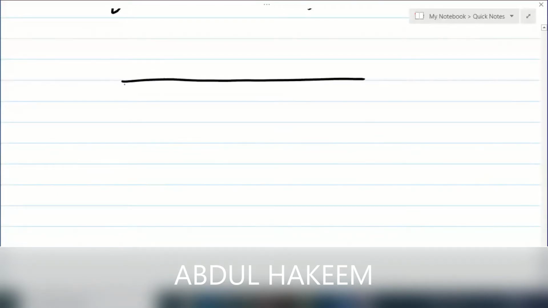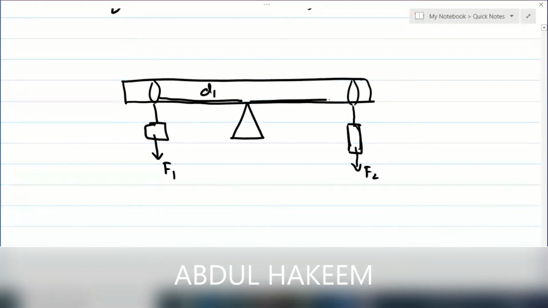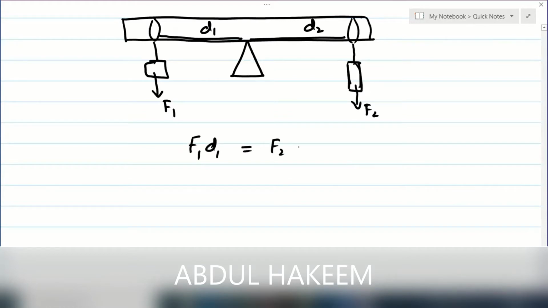Like this. This is the rod. One force acting in this direction, downward. Suppose this is F1. Other force acting in this direction. This is F2. Now this distance is D1. This distance is D2. So if the object is in equilibrium, then we can write F1 D1 is equal to F2 D2.